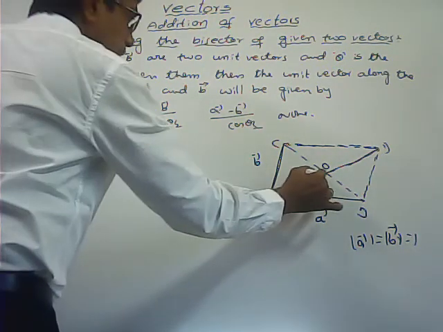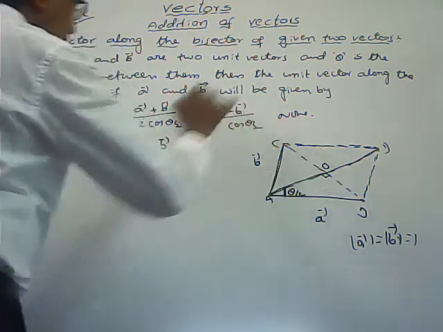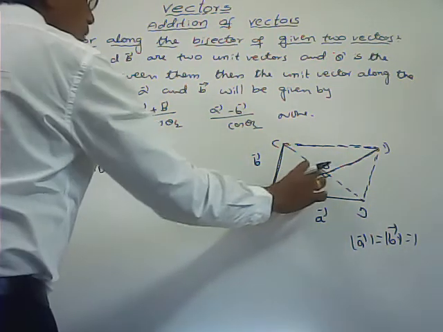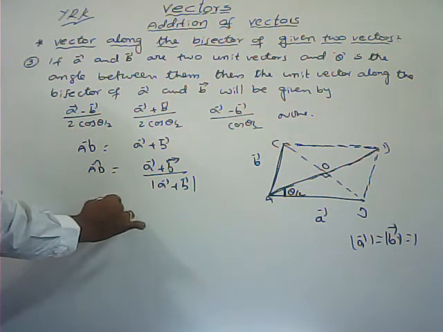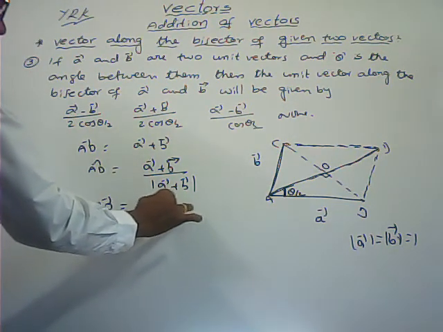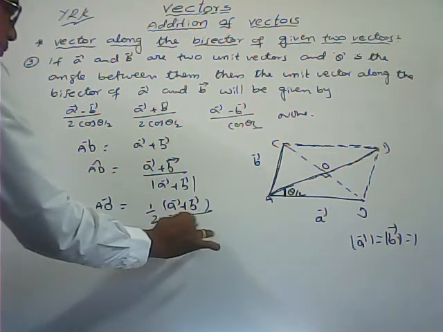So AO bar, that is the midpoint, here half of the total length only. So here we can write AO bar that is equals to half of A bar plus B bar by modulus of A bar plus B bar.